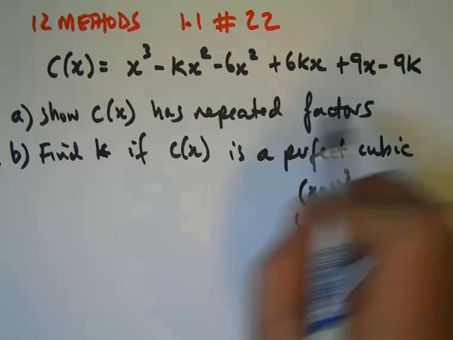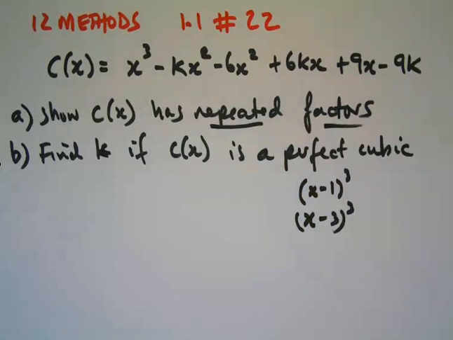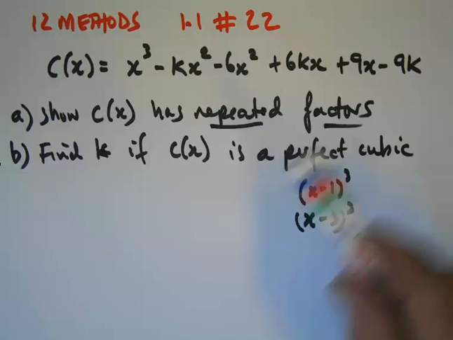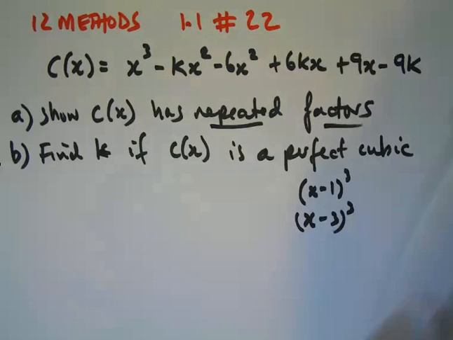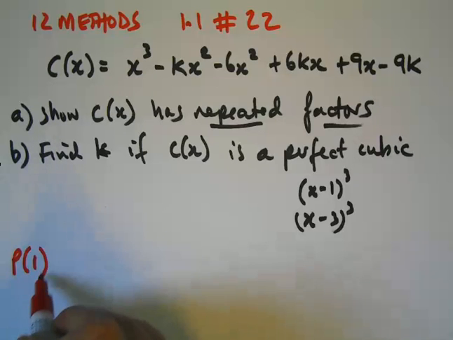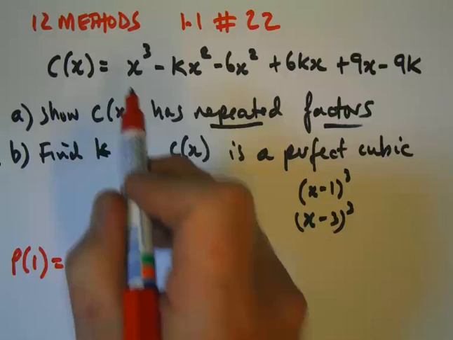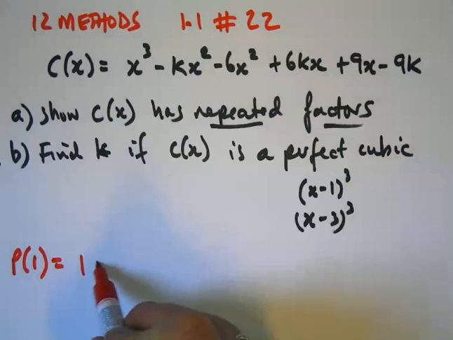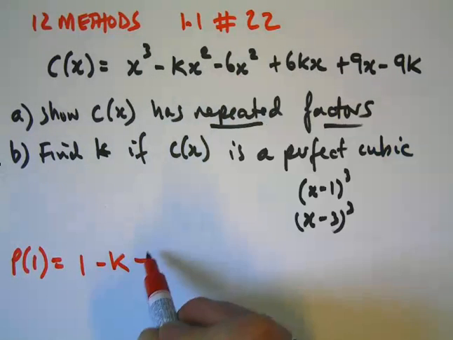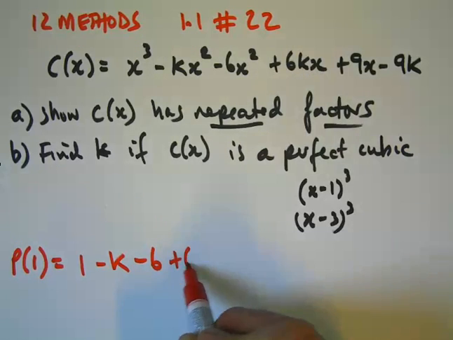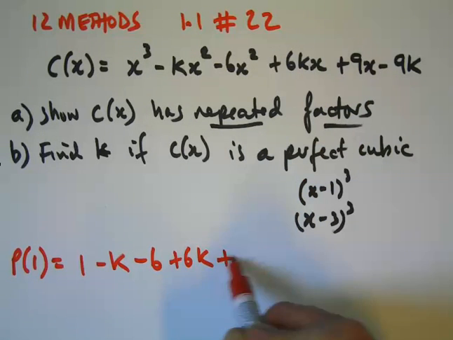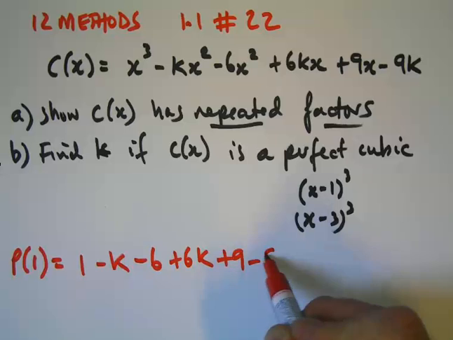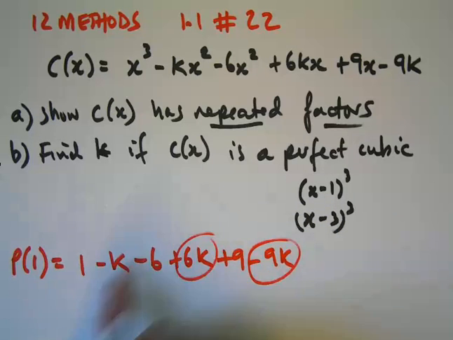Okay, show that it's got repeated factors. I'd like to factorise. If I'm going to factorise this, then I need to use the factor theorem and find some factors. So p of 1 is going to equal 1 minus k minus 6 plus 6k plus 9 minus 9k. And even looking at the k's, I'm not going to lose the k's if I sub in 1 or if I sub in negative 1.